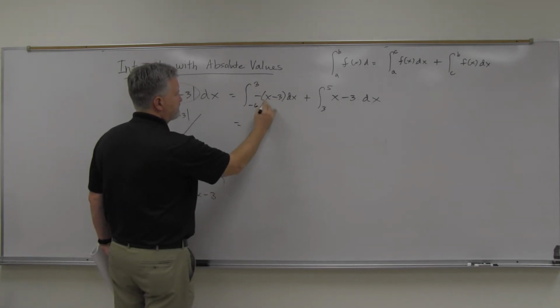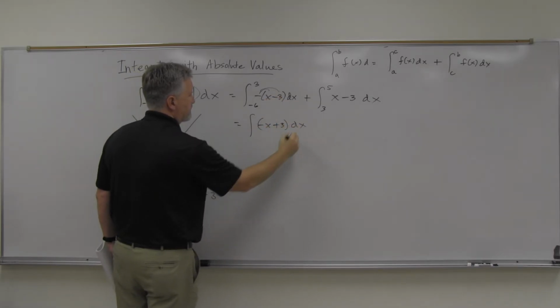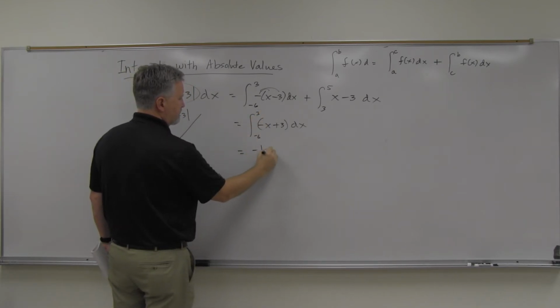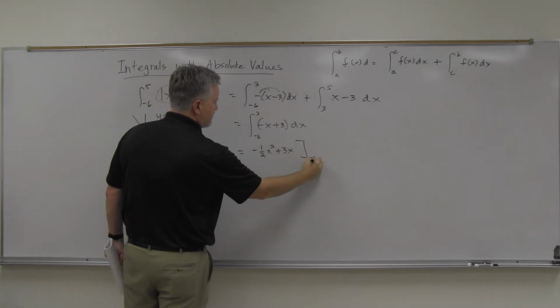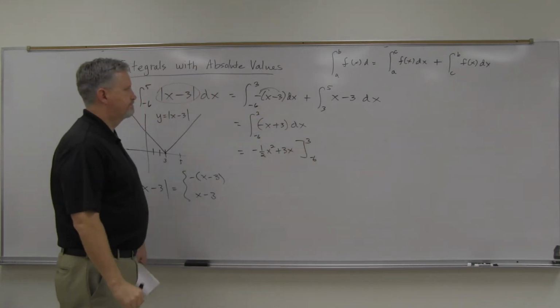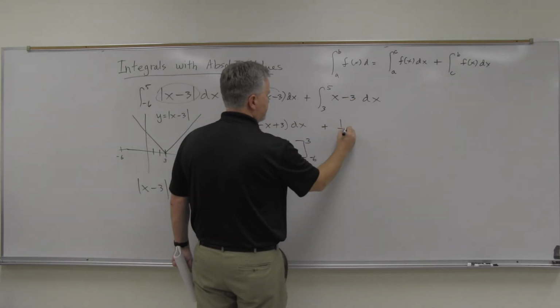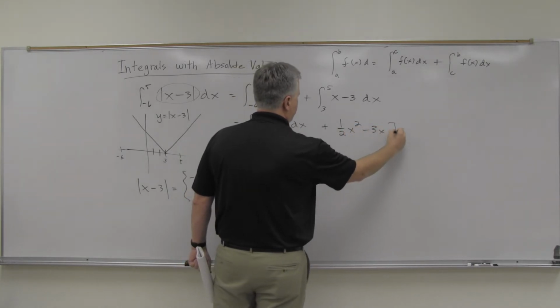The best way to do that would just say, that's the integral of minus x plus 3, distribute the minus, and then do your antiderivative, which would be minus 1/2 x squared plus 3x, evaluated from your limits. And this over here, a little easier, it's just 1/2 x squared minus 3x, 3 to 5.